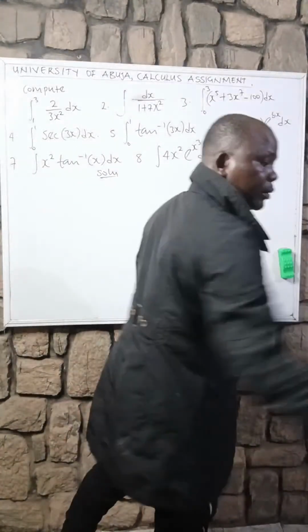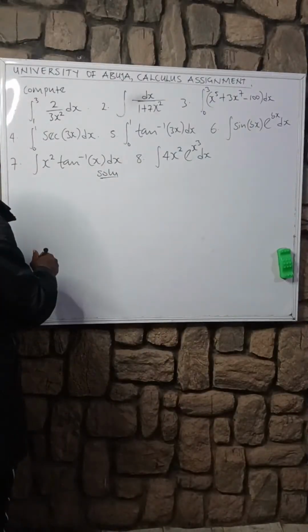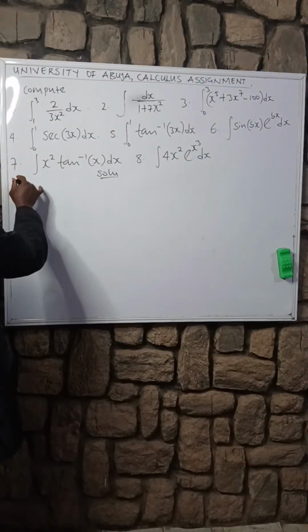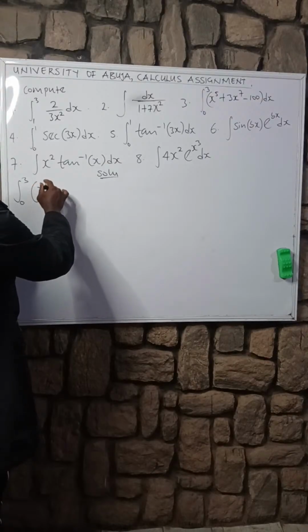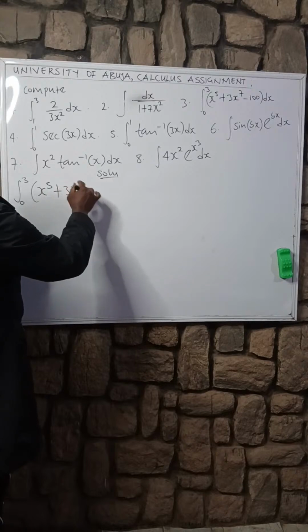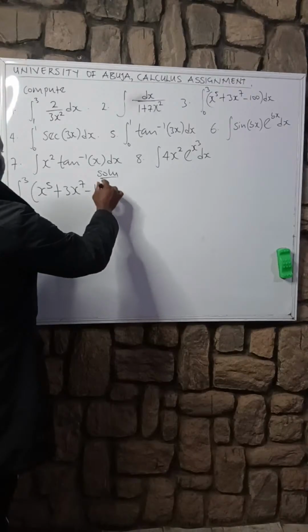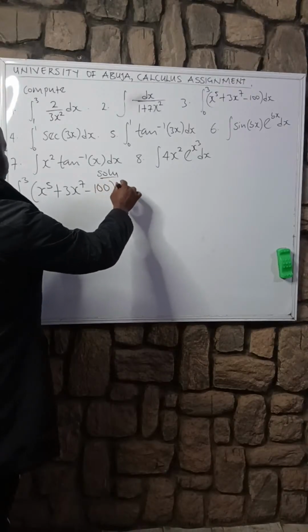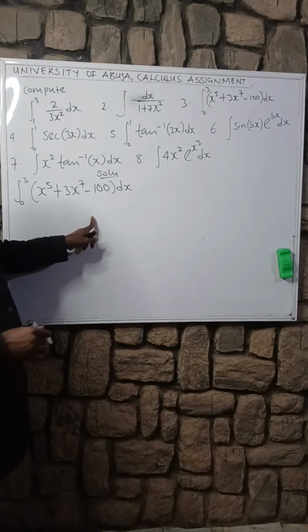Third one says integral 0 to 3 of x raised to the power of 5 plus 3x raised to the power 7 minus 100x dx.